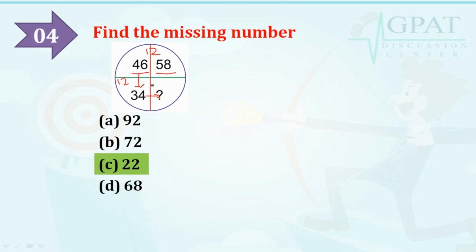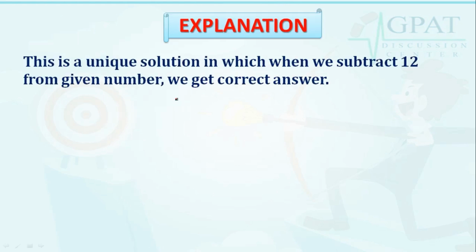If you subtract 12 from 34, then it becomes 22, and here is your right answer, that is 22. This is a unique solution in which when we subtract 12 from the given number, we get the correct answer. How? 58 minus 12 is 46, 46 minus 12 is 34, 34 minus 12 is 22.